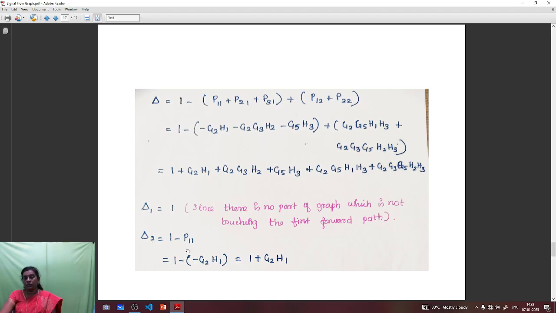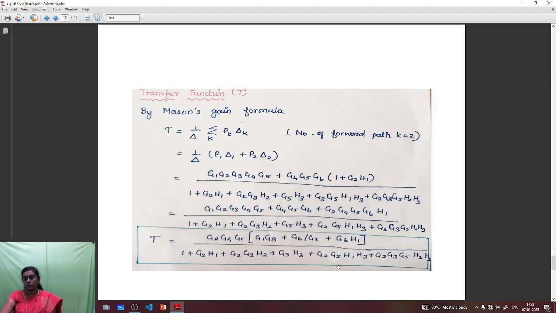So we can get only P11. So 1 minus (minus G2 H1) will give 1 plus G2 H1. So we have to substitute all the values because k is 2 here. So 1 by del into (P1 del 1 plus P2 del 2). We stop at 2 because here we have only 2 forward paths.